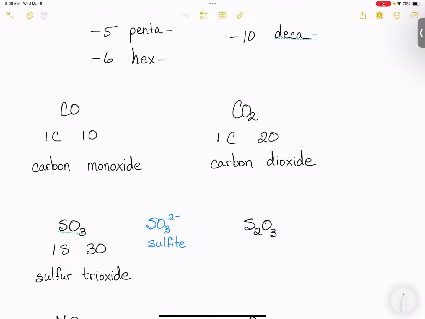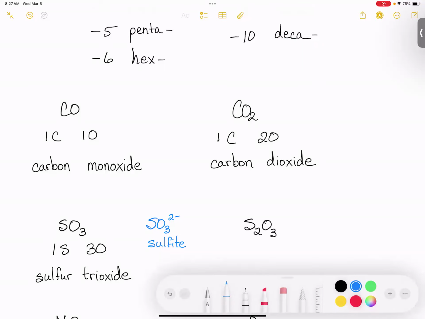And that is the difference between the two. What this difference means when you start looking at Lewis structures is sulfite has 2 more electrons that we have to put into the structure than does sulfur trioxide.